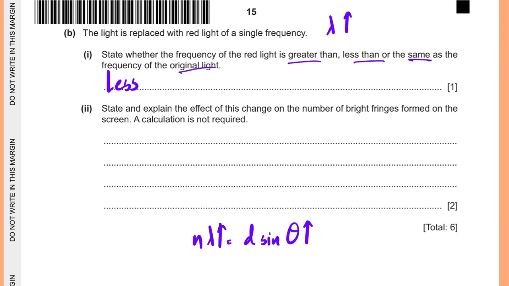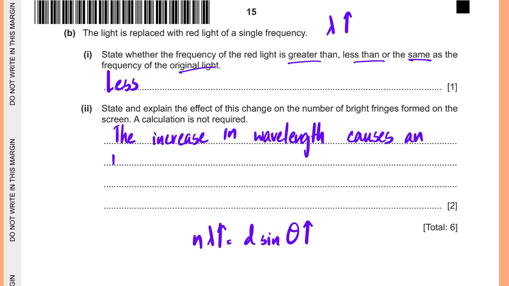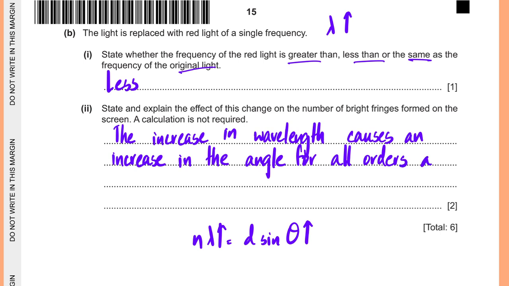So you'll say that the increase in wavelength causes an increase in the angle for all orders, allowing fewer maxima to be seen.